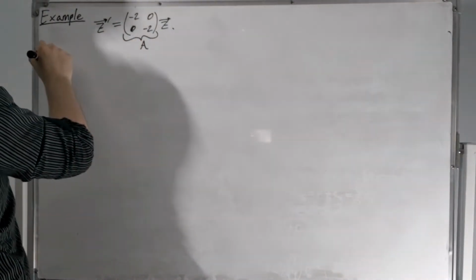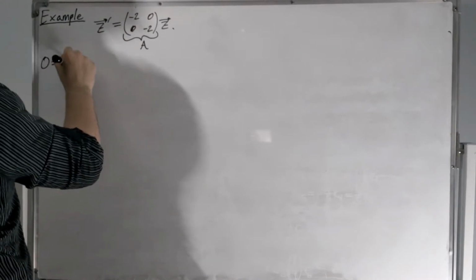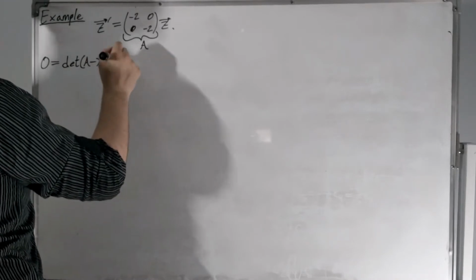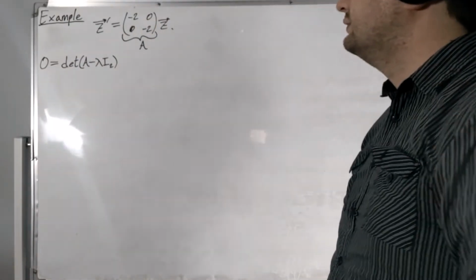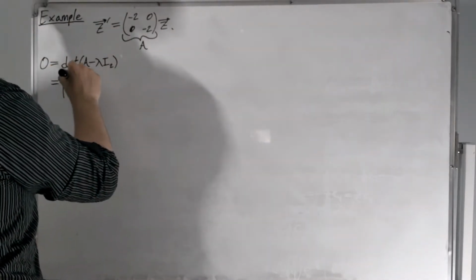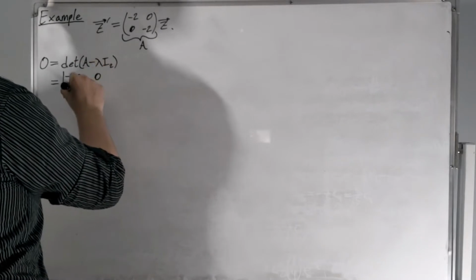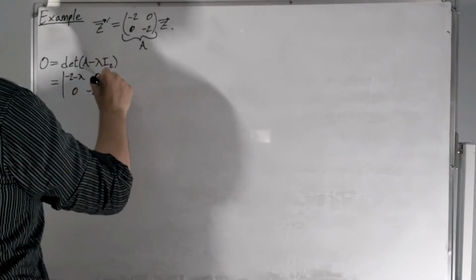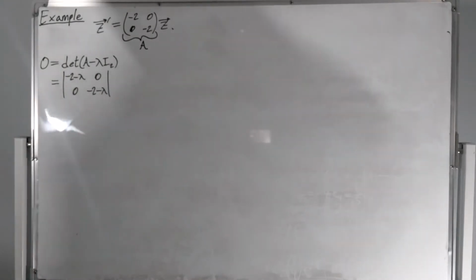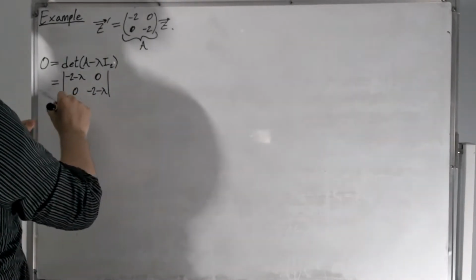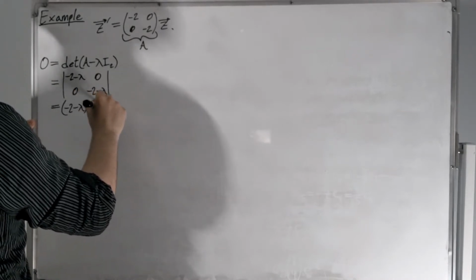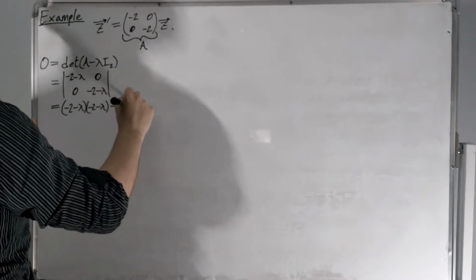Okay. So we need to set the determinant of A minus lambda I2 equal to 0. In our case, that's the determinant of -2 minus lambda, 0, 0, -2 minus lambda. You do this determinant, you get -2 minus lambda times -2 minus lambda minus 0 times 0.